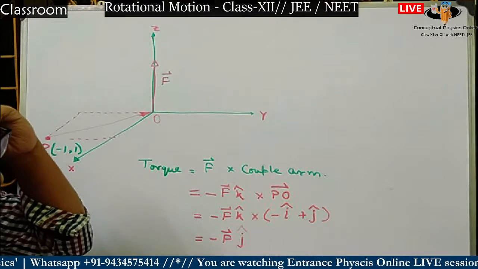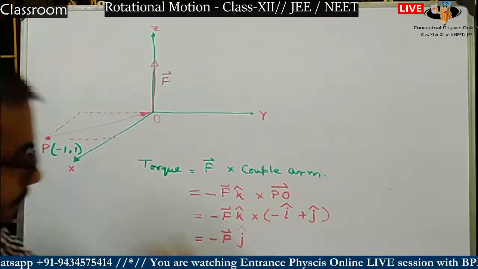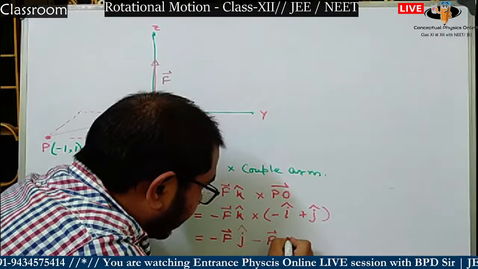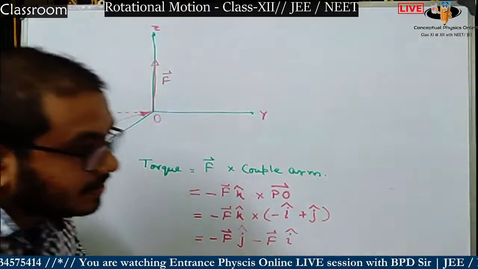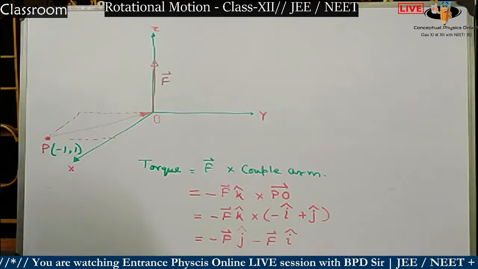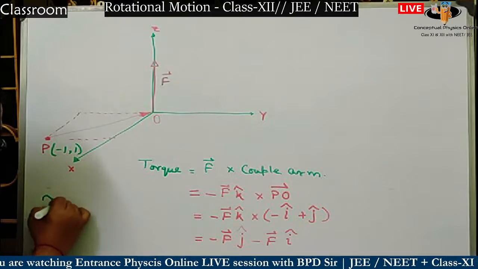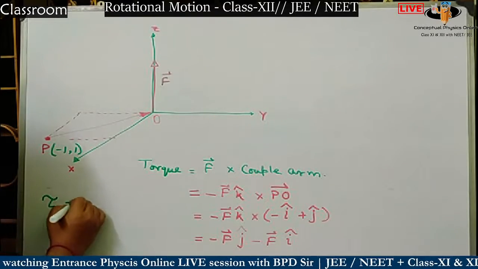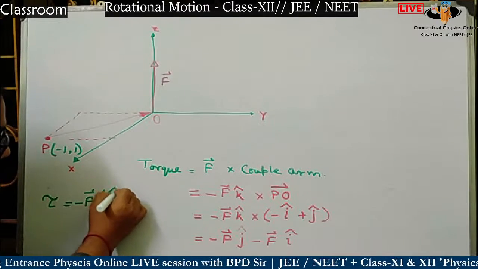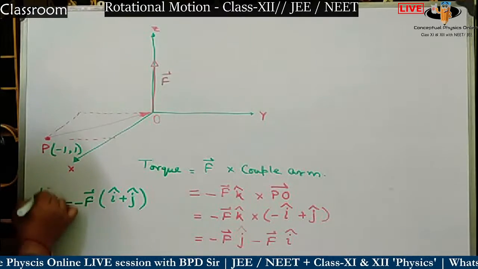And minus Fk cap cross j cap will be minus Fi cap, right? So by rearranging this, we can write this torque as, taking minus F common, i cap plus j cap, right?